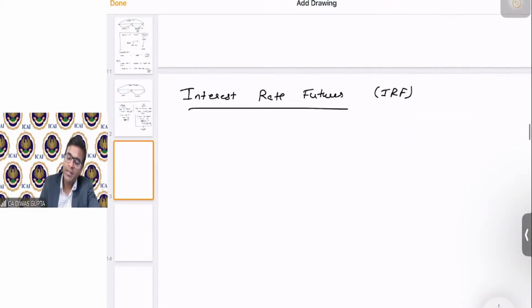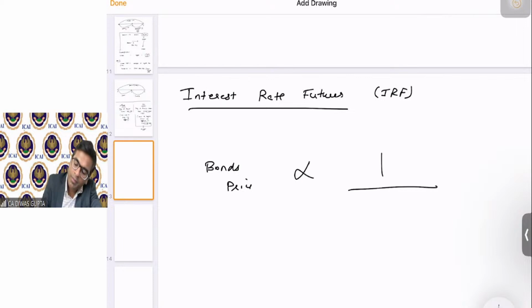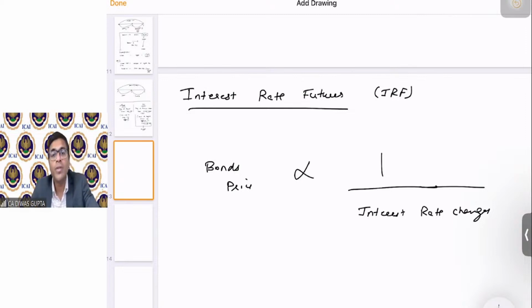Now, the interest rate futures are actually denoted in terms of the bonds price. And we already know, basis our understanding from the bonds valuation, that the bonds price is inversely related to the interest rate changes. Correct? If interest rate moves up, the bond price moves down.